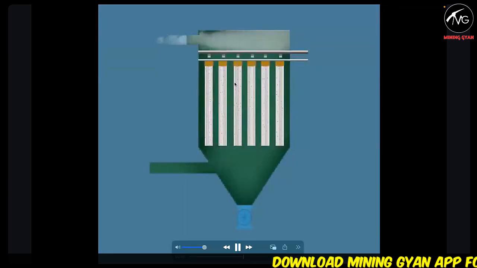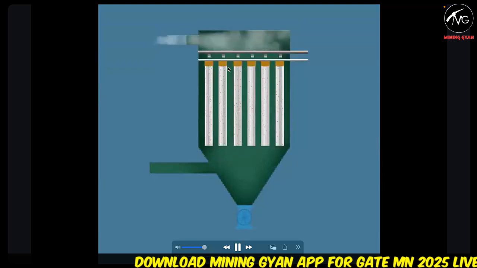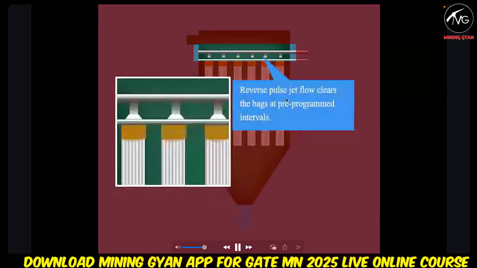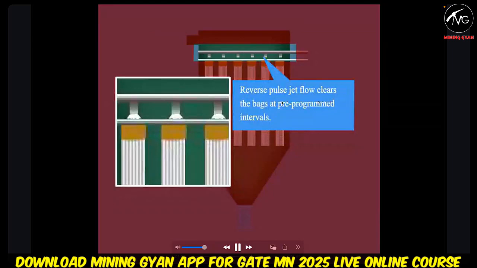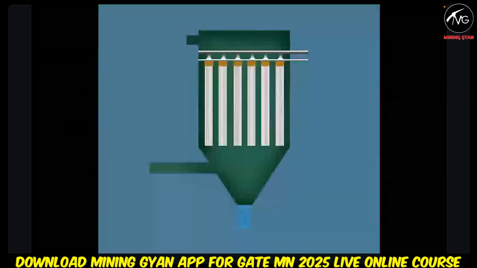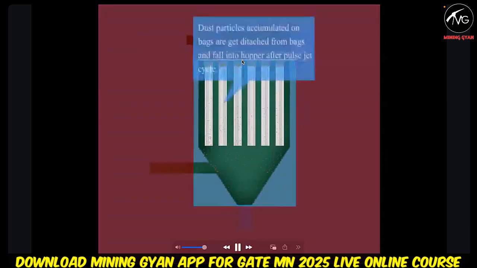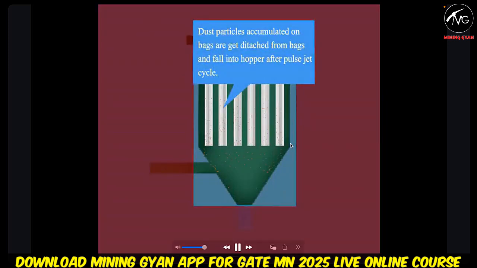Now the dust is collected here, and it may choke, so you use a reversible pulse jet flow to clear the bags at regular intervals. So your path for the air will not choke.